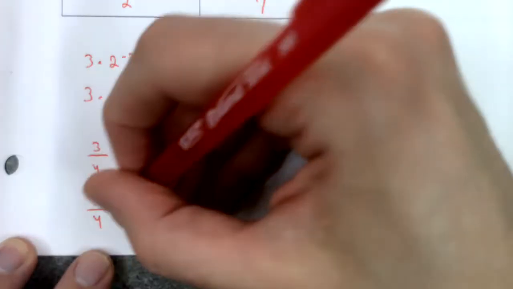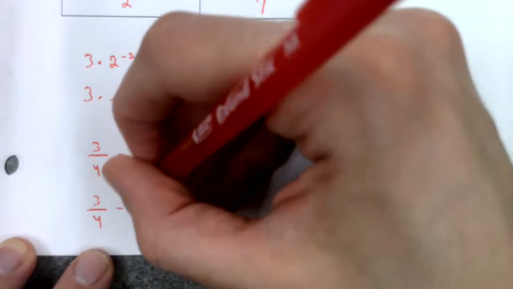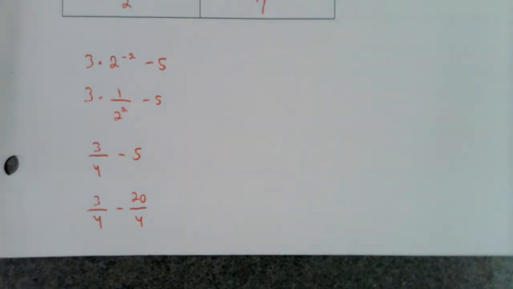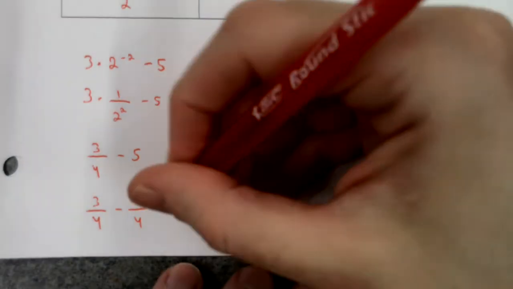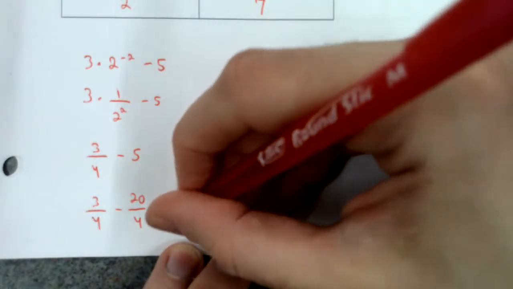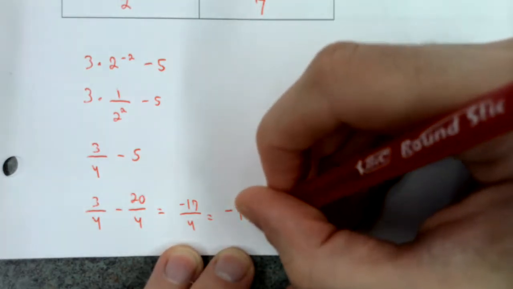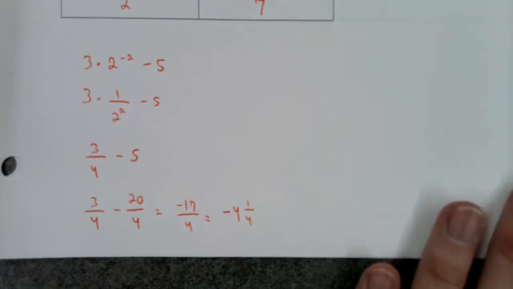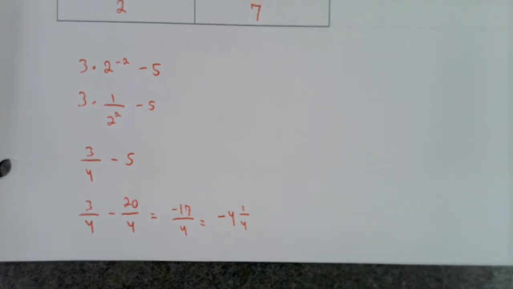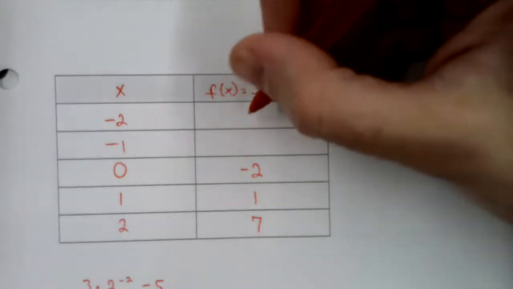To get a common denominator, it's 20 over 4, which equals negative 17 over 4, which is negative 4 1/4. So a lot involving fractions right there. This is going to be negative 4 1/4.